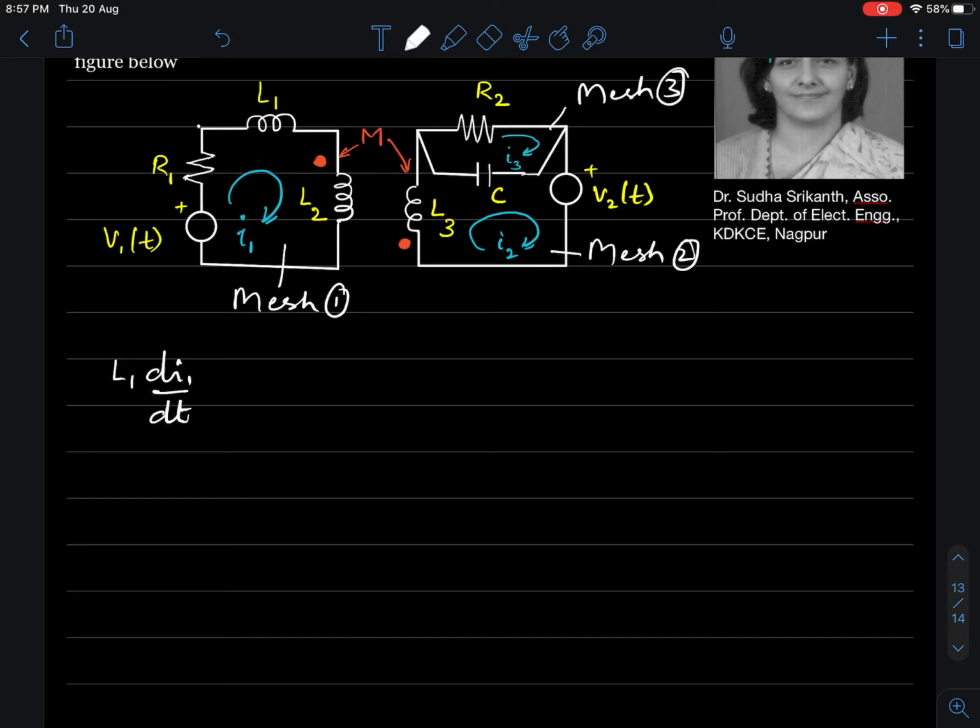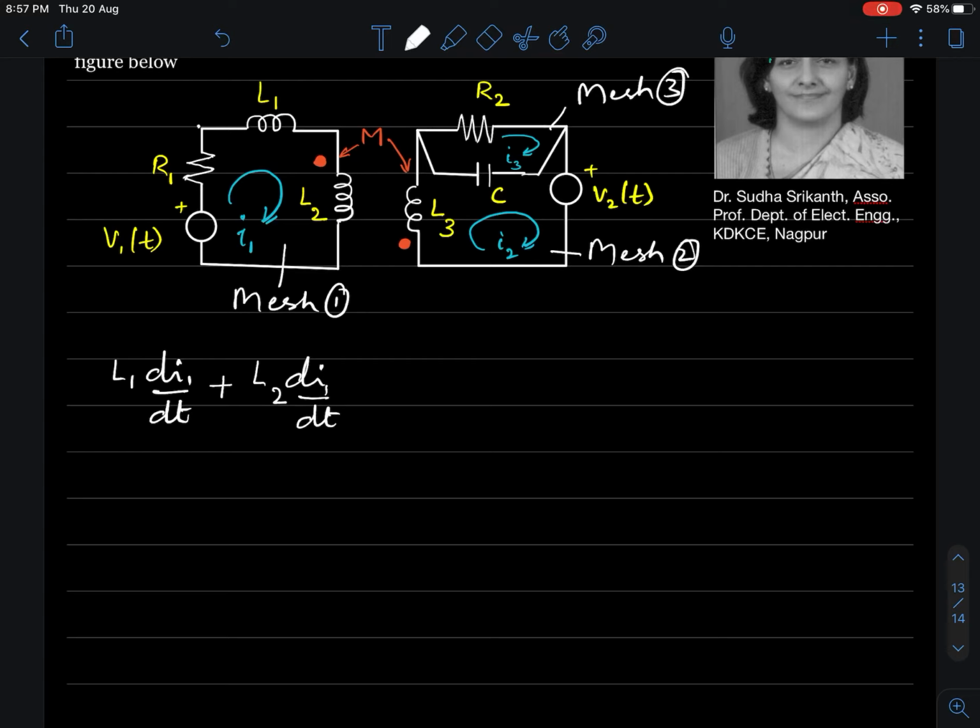So L di by dt is the EMF induced in an inductor. Alright, so L1 di1 by dt will be the first term. And for the second inductor L2, plus there is an EMF L2 di1 by dt, that is the self-induced EMF in L2.